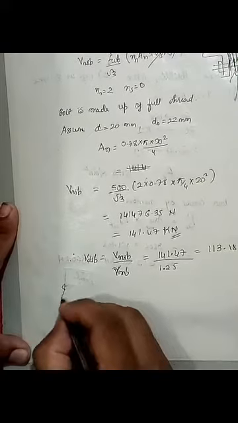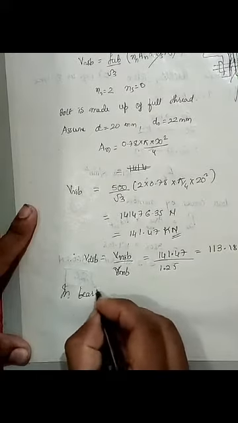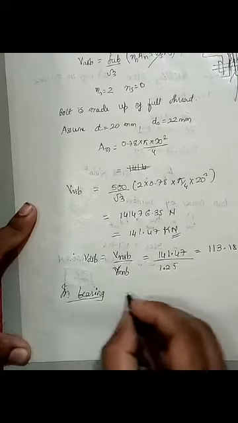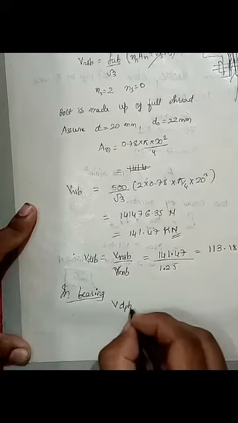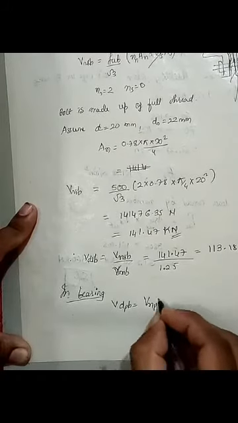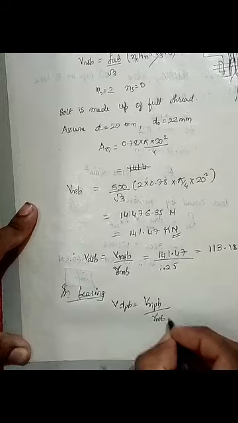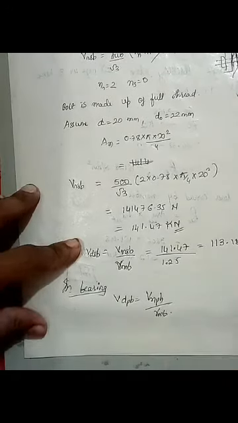So now shear is over, now in bearing. In bearing, Vdpb is equal to Vnpb by gamma mb. So we'll continue with the same date, 14/10/20.